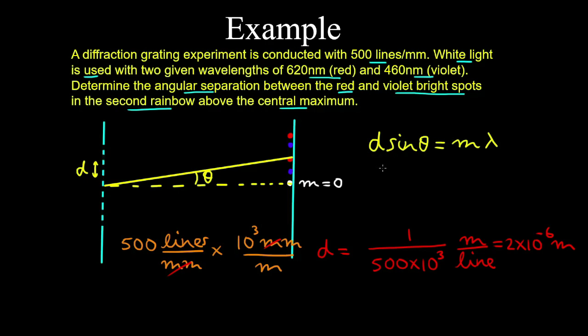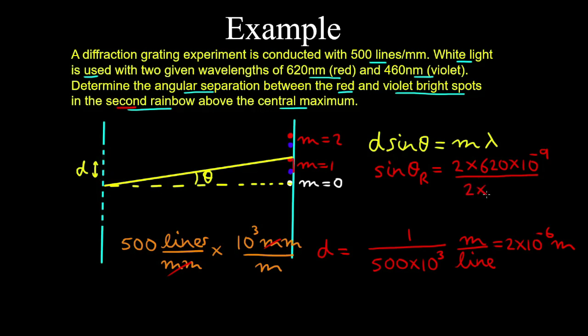So therefore, sine of the angle between the horizontal and the line to a red bright spot for the second rainbow. So we have m equals 1 for the first rainbow and m equals 2 for the second rainbow. So that would be 2 multiplied by the wavelength of red light, which is 620 nanometers, or 620 by 10 to the minus 9 meters, over the distance between the gratings.